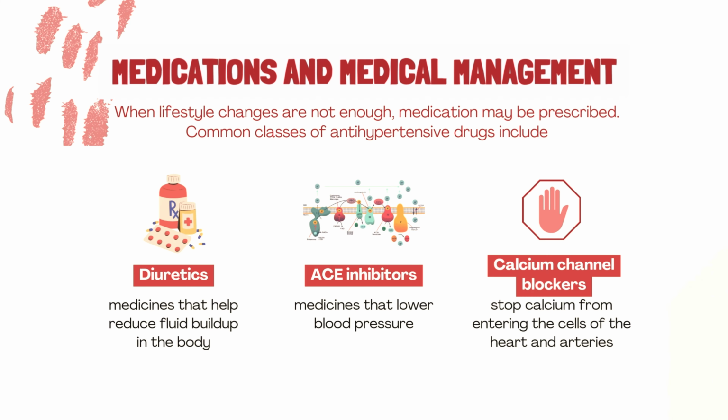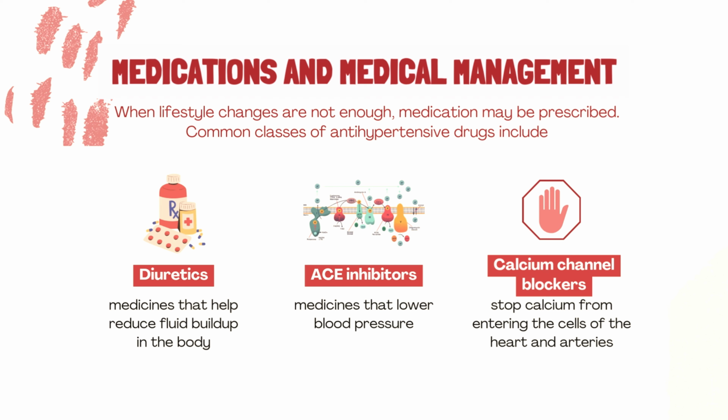Next, it's about the medication and medical management. What can be the very first line of drugs given to a patient suffering from hypertension? Diuretics, ACE inhibitors, calcium channel blockers. Even when lifestyle changes are not enough, medication may be prescribed.